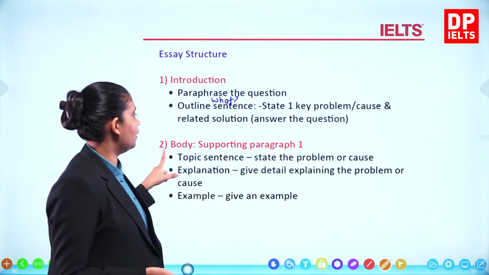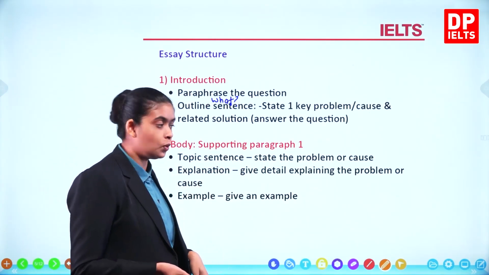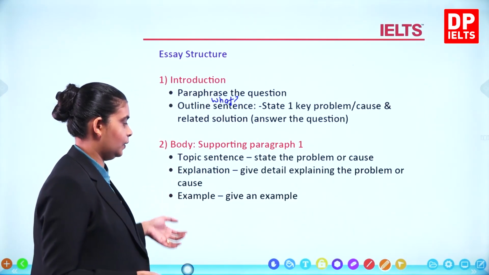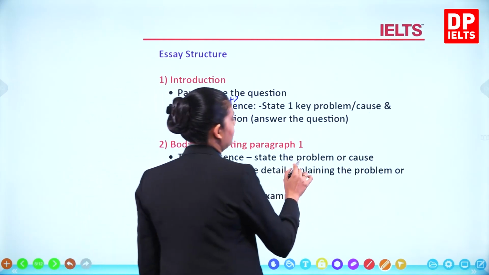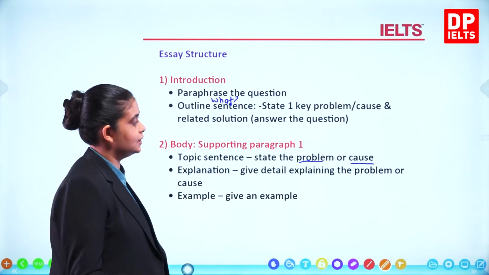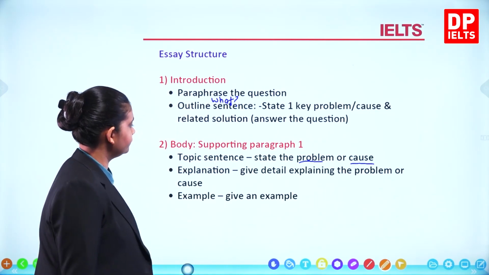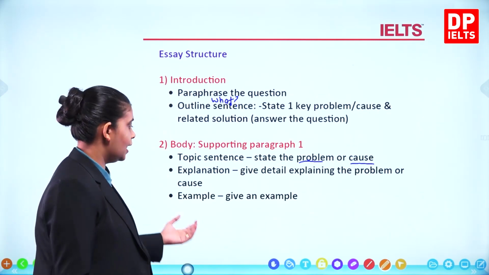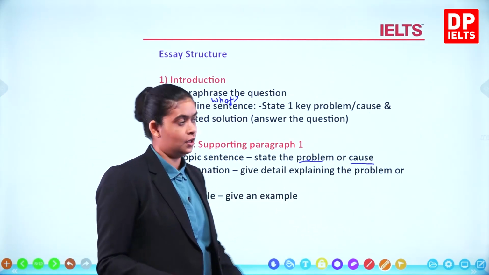Then you have body para 1 or your supporting paragraph 1, where you have the topic sentence, explain an example, okay. So here you state a problem, or if they ask you for a cause, you state the cause there. Then you explain the problem or the cause and then you give an example.